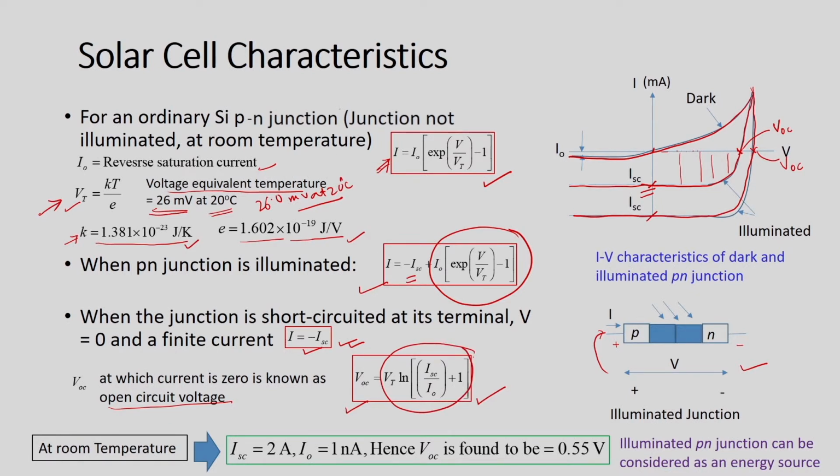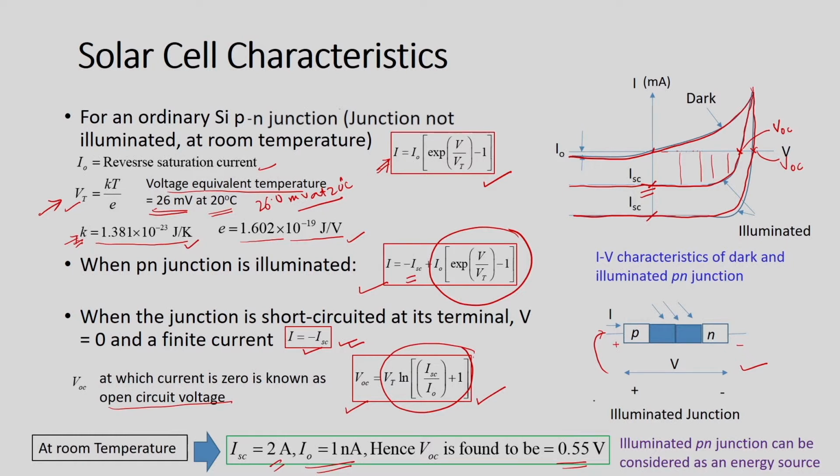At room temperature, for a silicon solar cell, ISC is about 2 ampere and I naught is about 1 nanoampere. If we substitute these values and use the Boltzmann constant and the charge of an electron, VOC is found to be about 0.55 volt for a single crystal silicon solar cell.